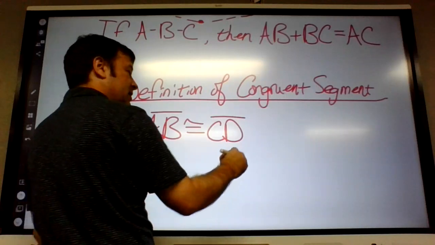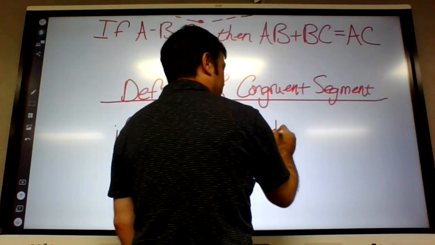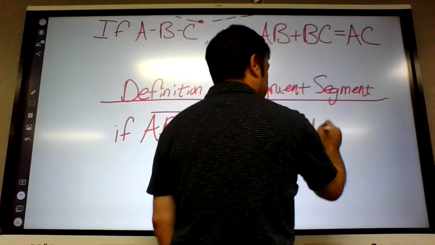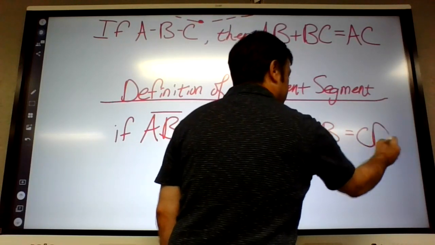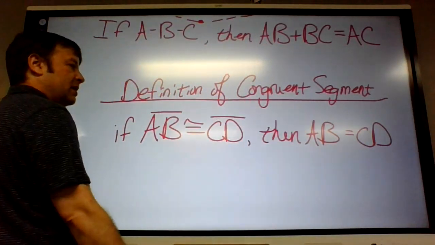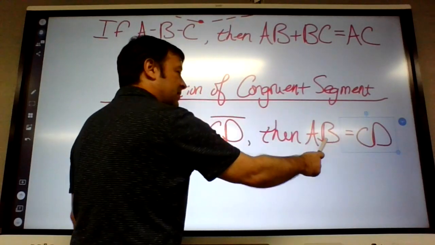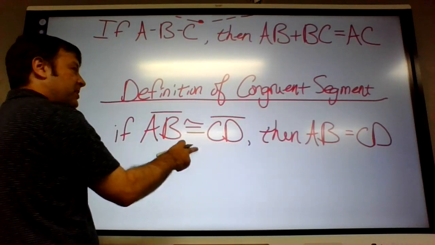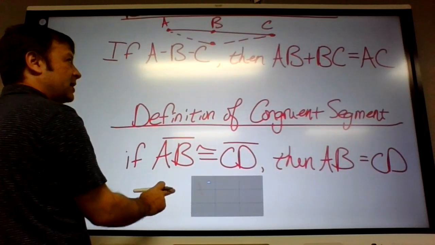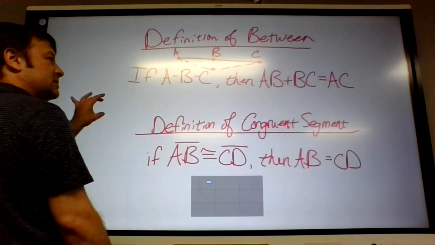Well, it means they're the same length. How do we write they're the same length? We just put AB, without a line symbol, equals CD. The length is referring to some number that describes the length. If those are equal, then the segments are congruent. Congruent just basically means they're the same thing. All right. So those are from chapter 1, but we need them a lot today.